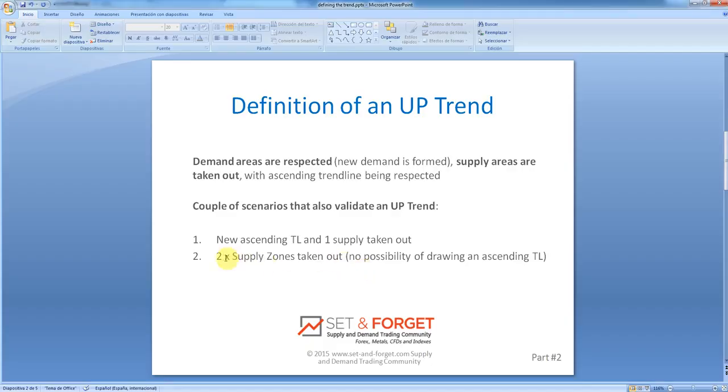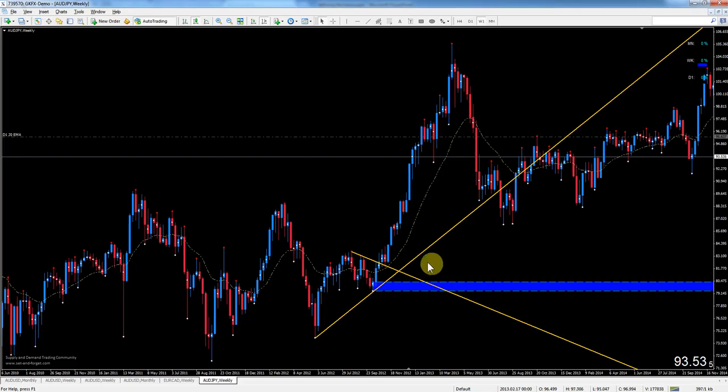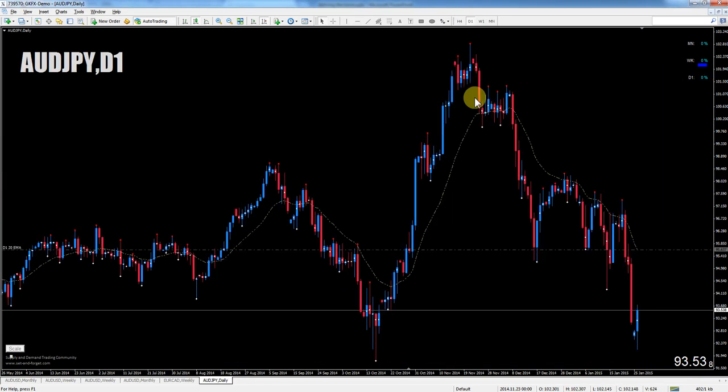Then we've got another scenario, like two supply zones have been taken out without the possibility of drawing a new ascending trend line. And there, I believe we had an example on the daily over here. As you can see here, after we break lower and lower, we connect this ascending trend line over there, and then we've got a supply area over here.